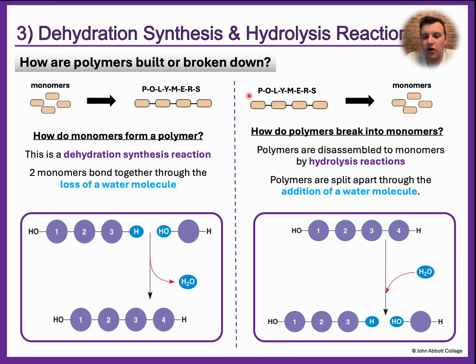Now, polymers, right, these long chains are sometimes broken down into monomers. I'll give you some examples of where we do this. In the human body, when you eat food, you eat a lot of complex polymers from either animals or plants, and then you break them down and digest them to smaller monomers, right?